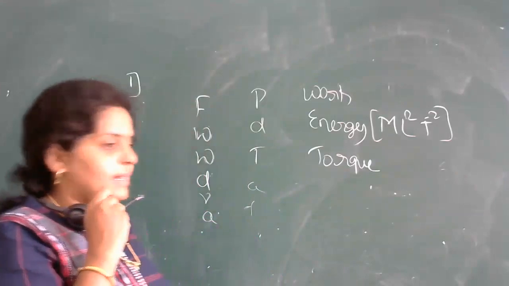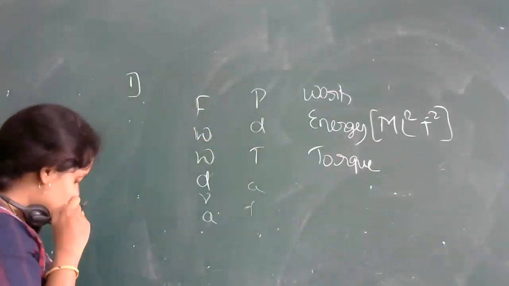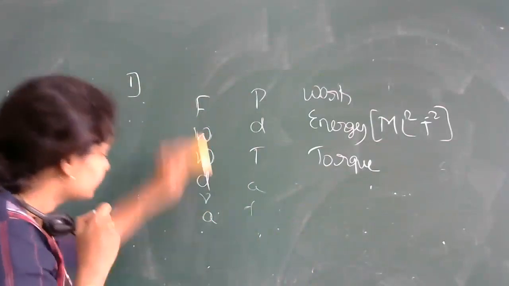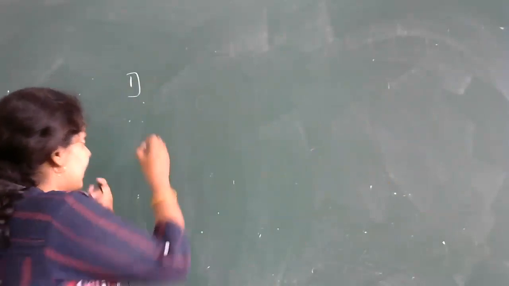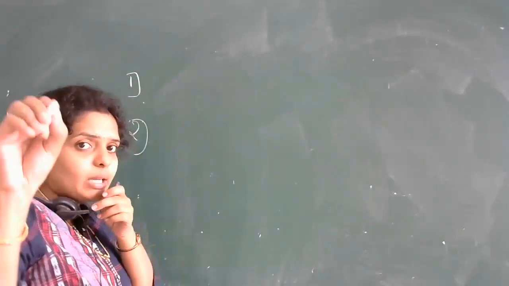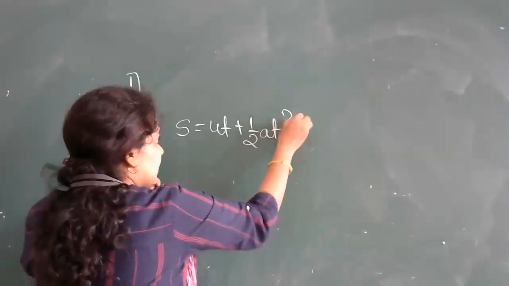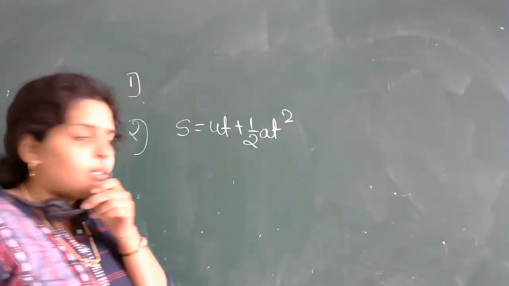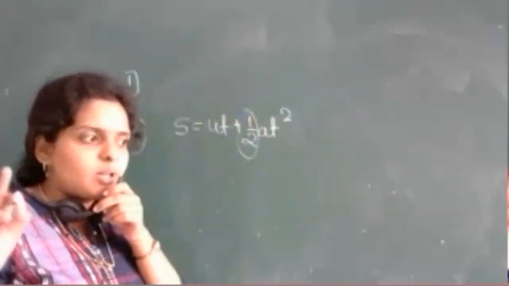Okay. See, the second drawback or limitation is numerical constants. For example, if I have an equation like S is equal to ut plus half at square, whatever the 1 by 2 is there, for this you cannot write any dimension formula.